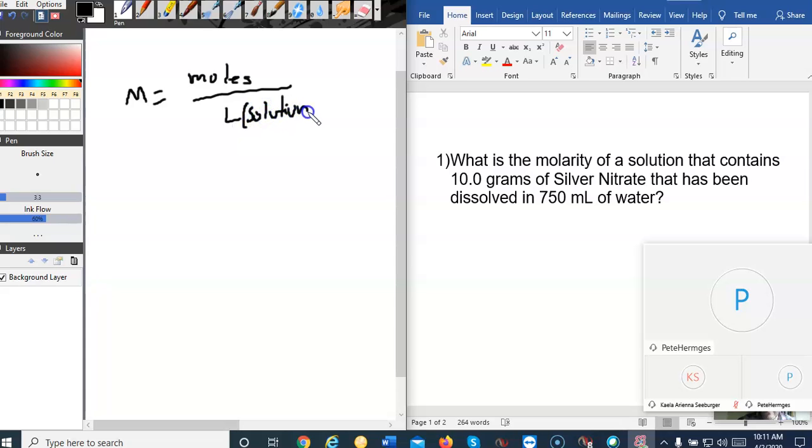If you remember from lab, the density of water equals 1 gram per mL. So if I tell you that you have 750 mL of water, you have to take the 10 grams and add it onto the 750 mL of water.